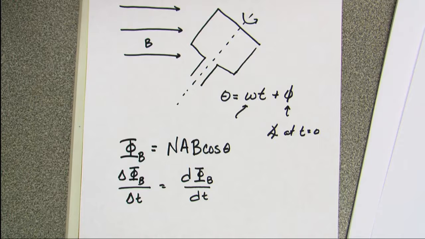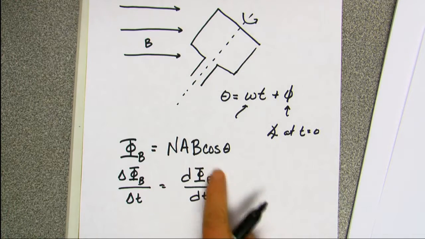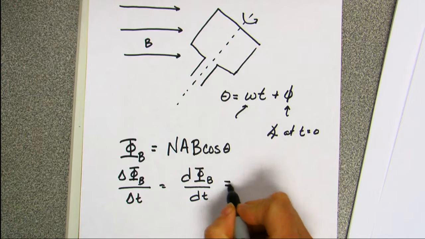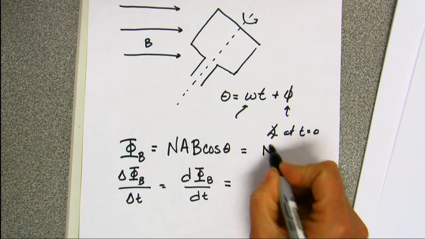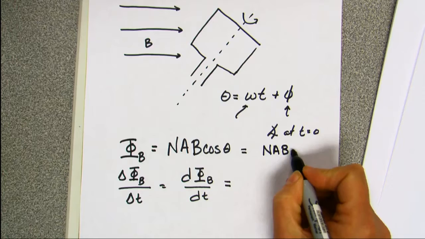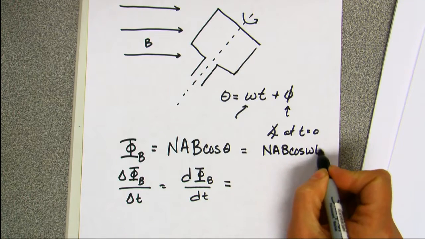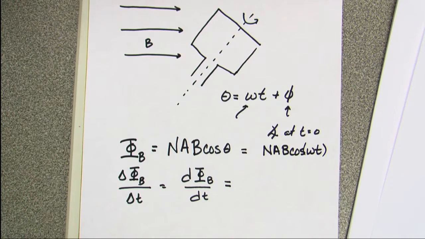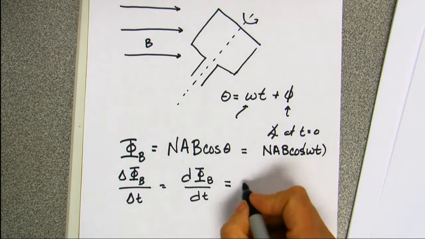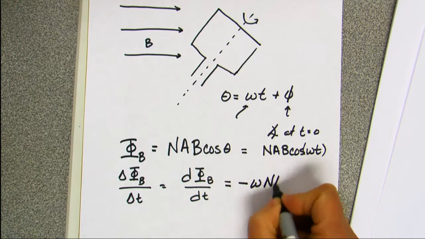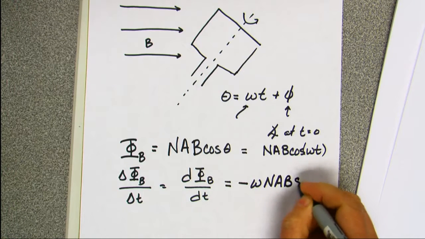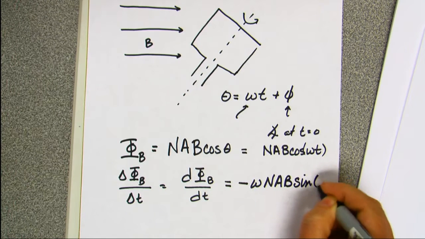But if I do that, and I'm doing this with respect to time, remember what this is going to do. If I make this NAB cosine omega t, and not worry about my phase angle, this becomes minus omega NAB sine omega t.